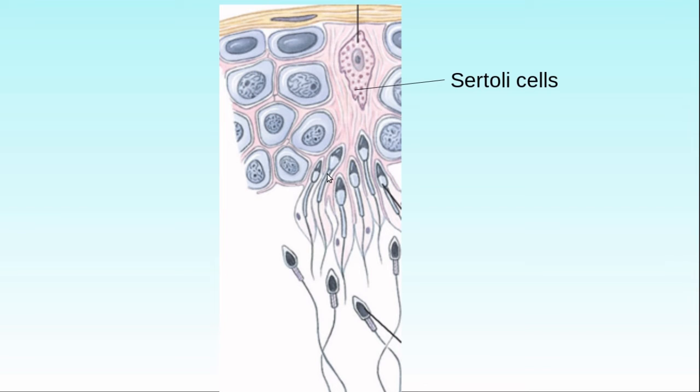After spermiogenesis, the sperms will have their head dipped into the Sertoli cells. You know what is the function of Sertoli cells? Sertoli cells nourish the sperms. So after spermiogenesis, the sperm have their head region embedded in the Sertoli cells for nutrition.